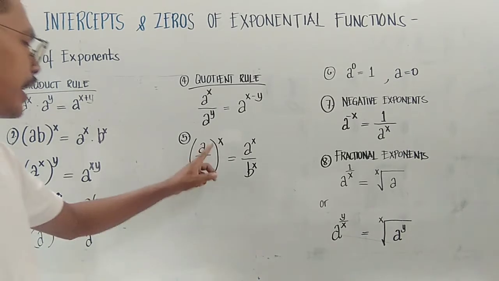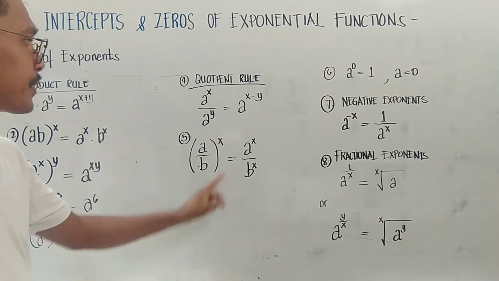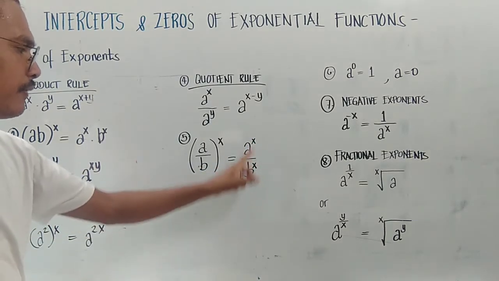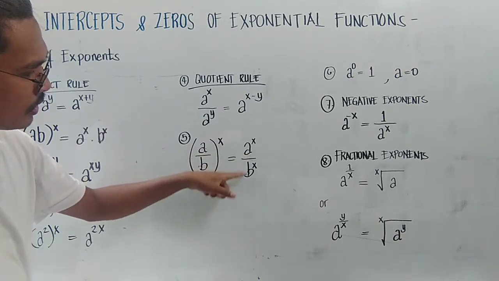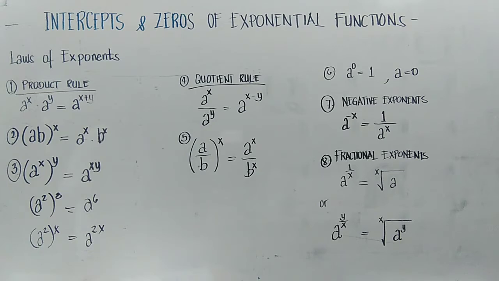Number 5, we have a over b raised to x, the distribution property of exponents over division. The previous one was the distribution property over multiplication. Here we are dividing quantities with different bases but the same exponents.